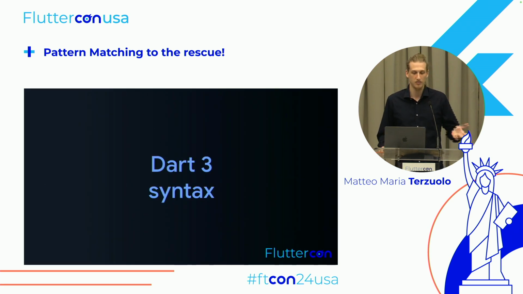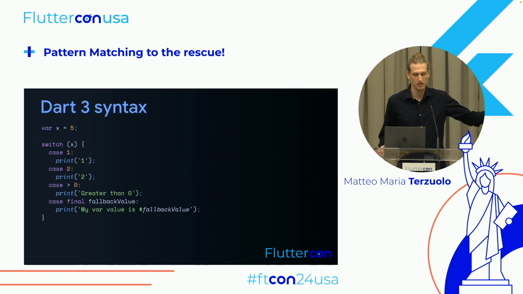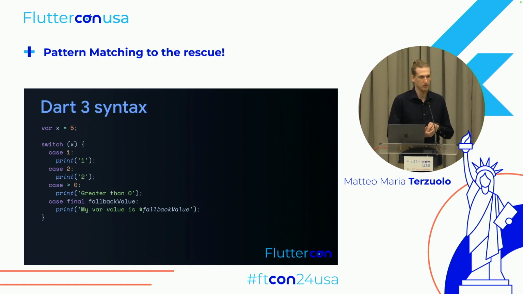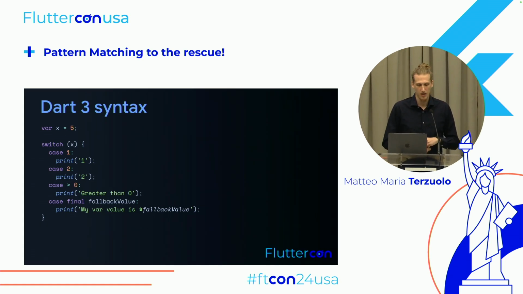Going on, the Dart 3 syntax, the actual new thing that we have now. So how can we migrate to that syntax? For example, this is the new version of the default case where you can capture the variable that we are switching on and use it in our case.